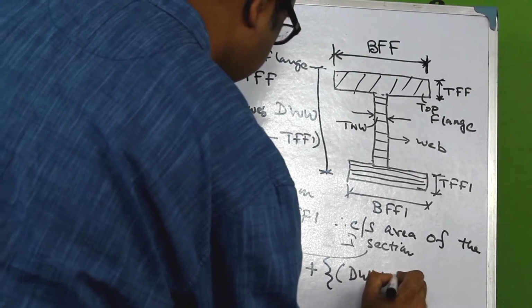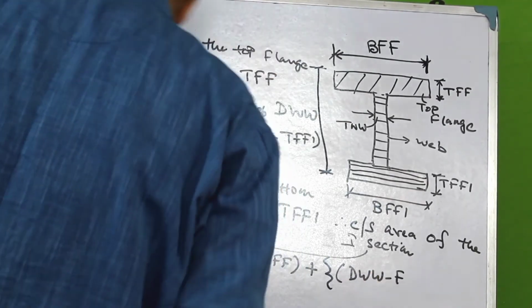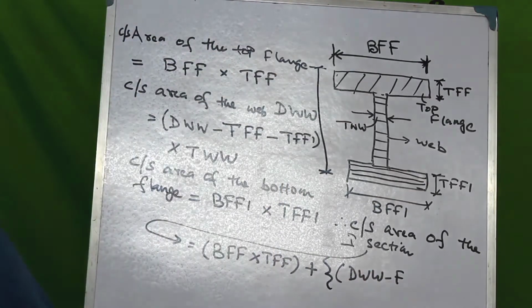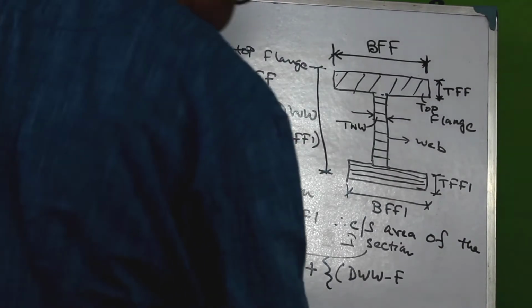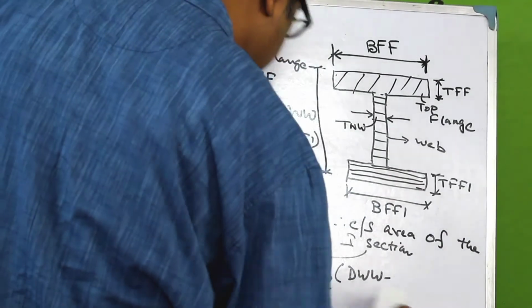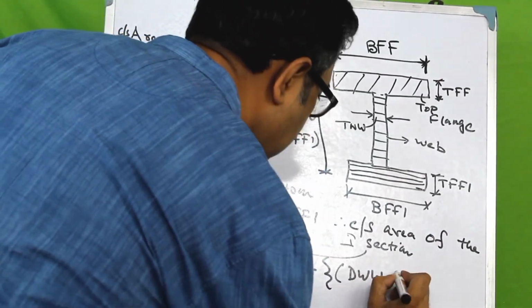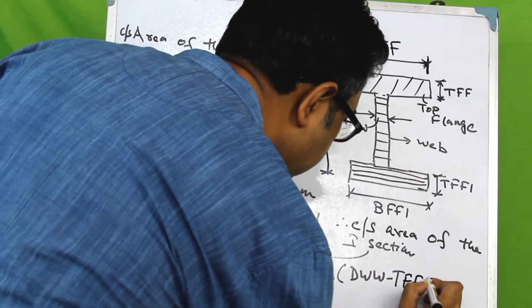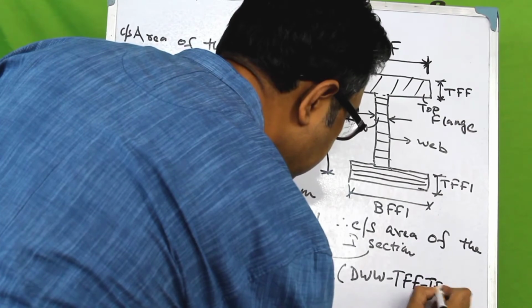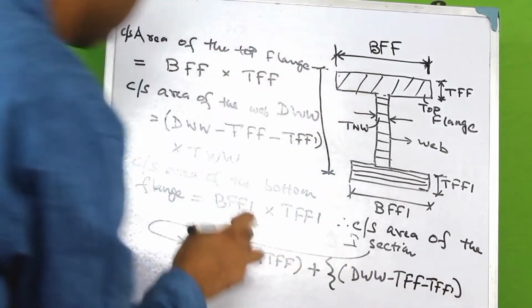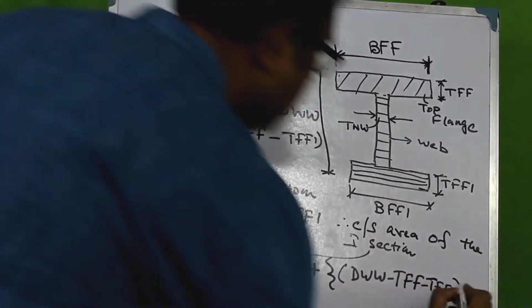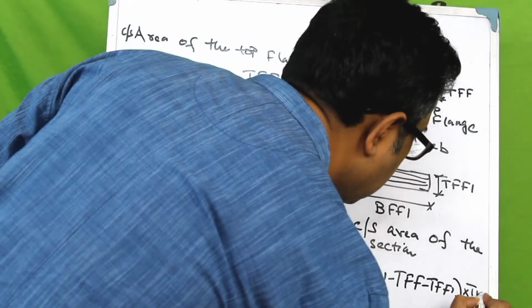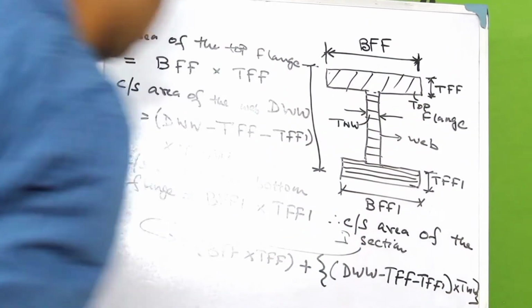now this was the depth of the web multiplied by TW. So bracket close.